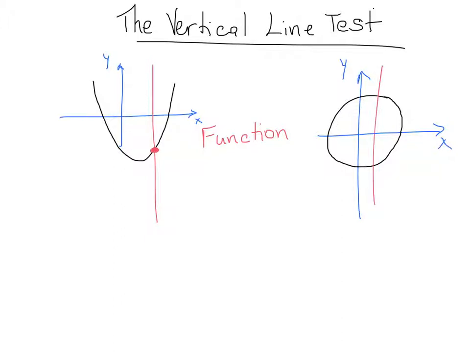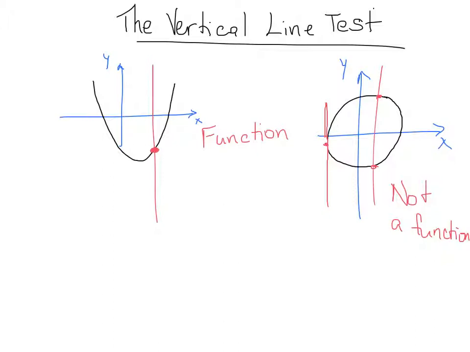It does touch the graph twice. Therefore, this is not a function. You may argue, though, that if I were to draw my vertical line here, it only touches once. Well, I need to stress that if I can draw a vertical line anywhere that touches more than once, then it's not a function.